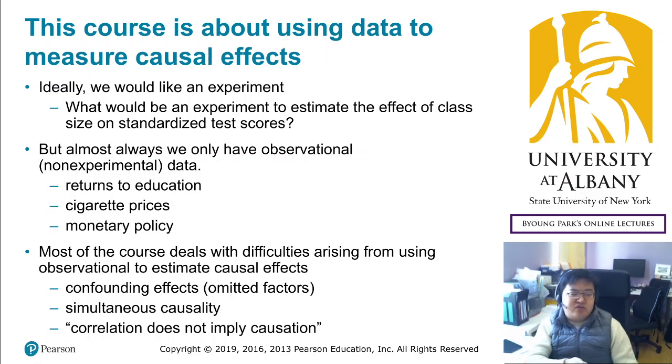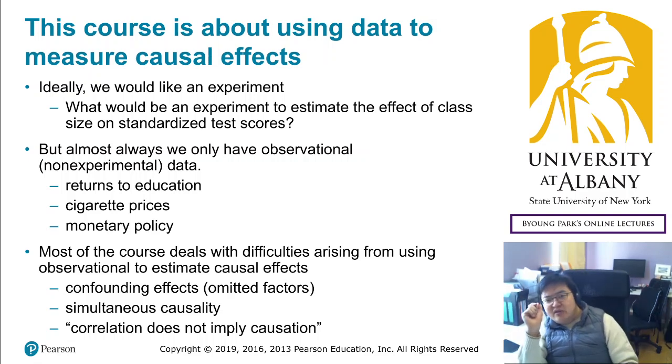And it applies to all the questions I showed before, right? Returns to education. You cannot randomize, you cannot experiment with your education. You live your life only once, so you cannot do any experiment. But you observe other people, and all the people have different levels of education, and they have different salaries.